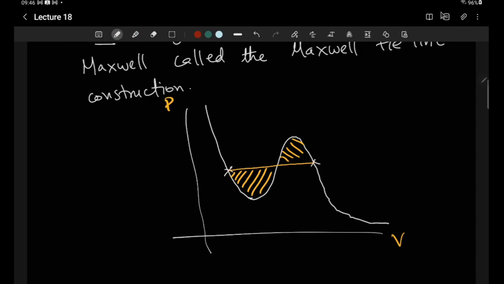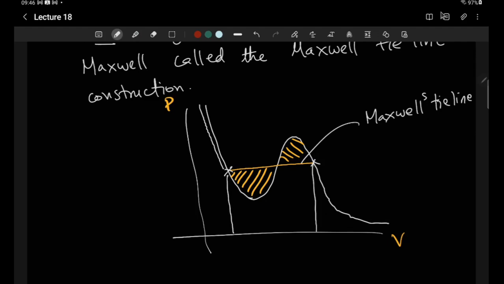So the question is, can we derive something like this? This is what he said, draw this line. And so according to him, you come here, and what you have is a liquid here, and then at this point there is a discontinuity.